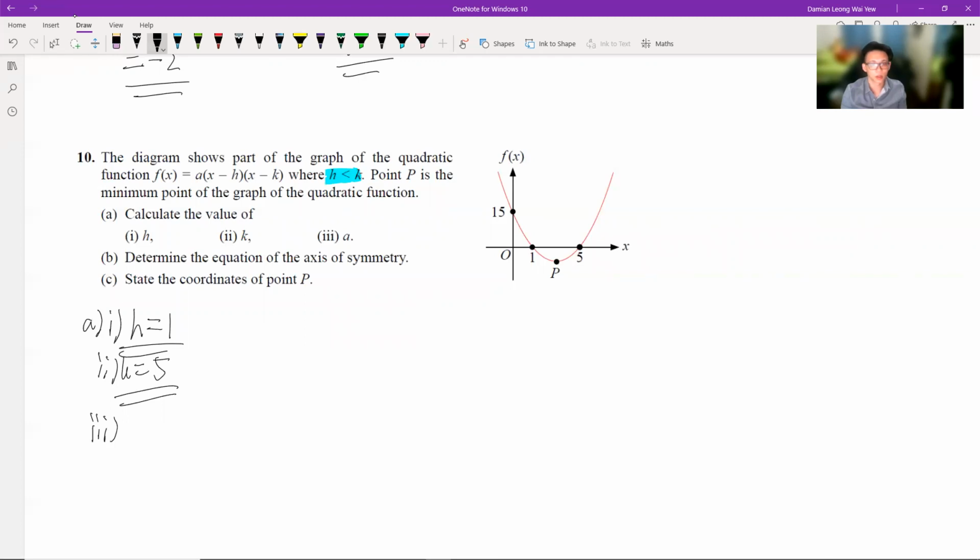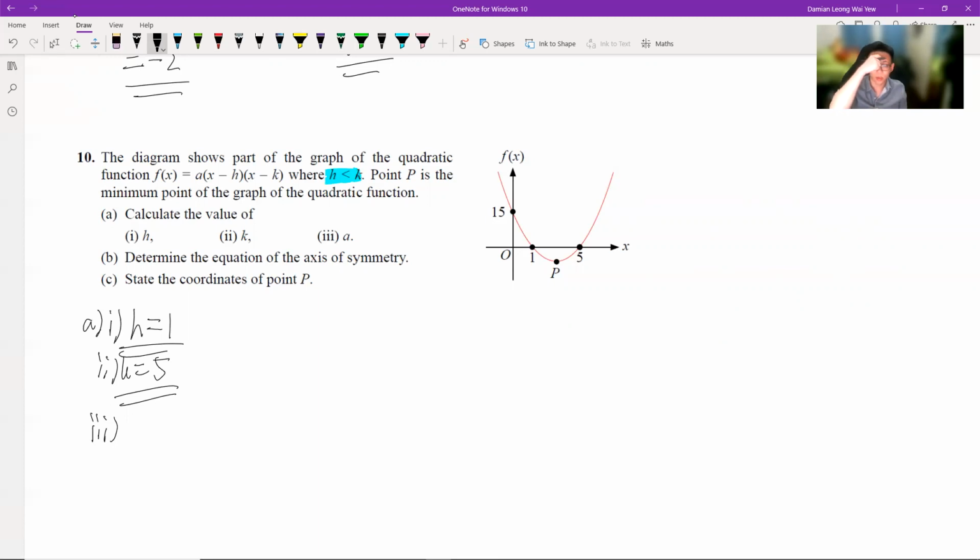Yeah, how do I find A? Basically, I can substitute any one. Actually, yeah, if I substitute any of the x intercept, I'll get 0 here.